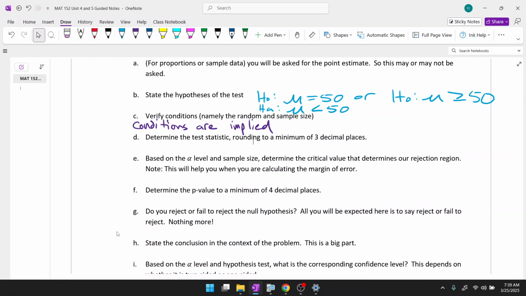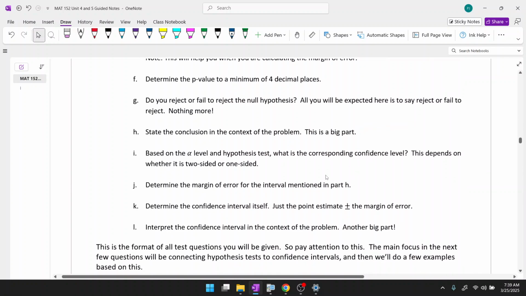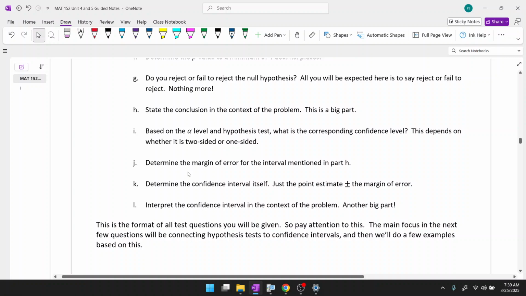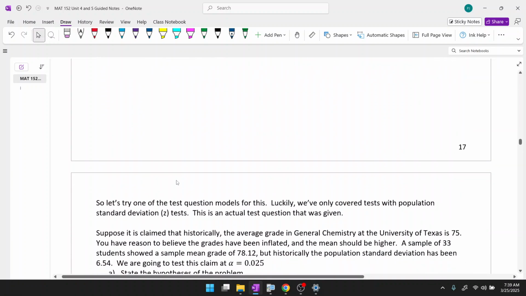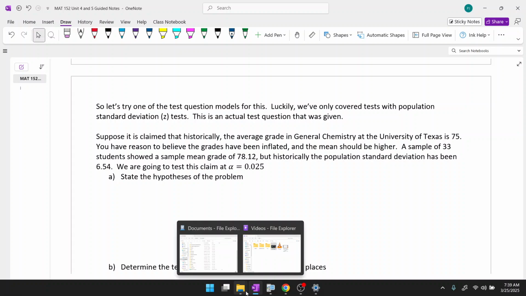But the other reason we do the critical value is the margin of error for a confidence interval. Then you state the conclusion. That's the big thing. With the alpha level and hypothesis test, you do the confidence level, margin of error, interval, and then you interpret. So we're going to go through an example that came right from a test.